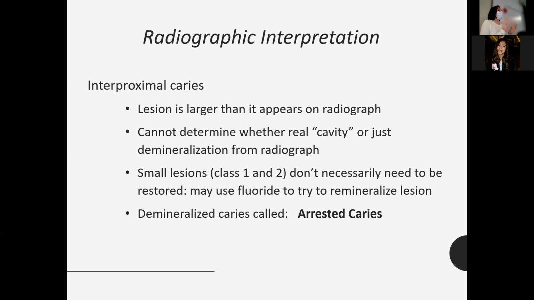Sometimes you get a small cavity, like a class 1 or 2, and it remineralizes and leaves kind of a scar, because if that area is demineralized and takes up stain and then remineralizes, that stain stays. So it might have a weird look to it, but if it's nice and hard and it doesn't get chalky when you dry it off with air, then it's just remineralized with that stain in it.